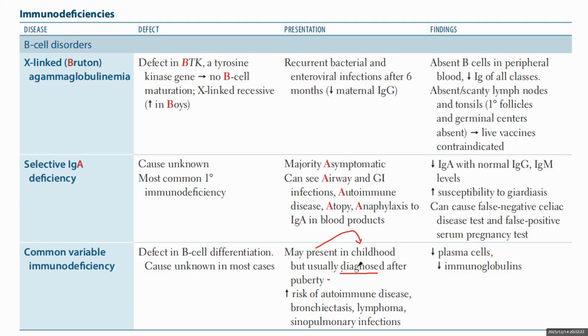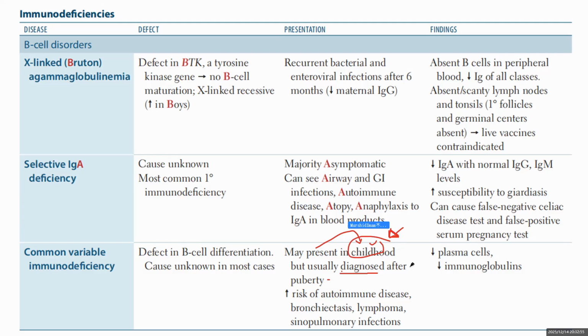So as the immune system matures and demands increase, the deficiency becomes more apparent. Usually during childhood, because we also have T cells, anything that comes to the child is handled by the T cells of our immune system.